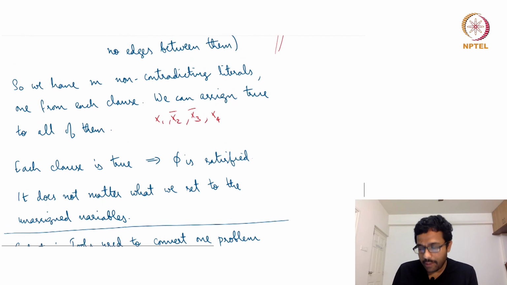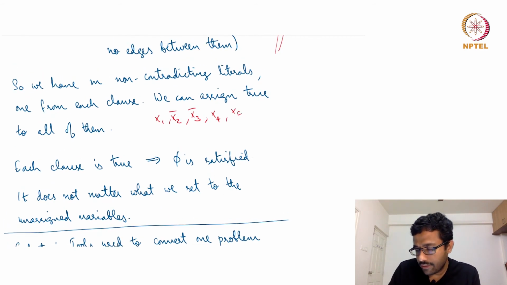Perhaps the Boolean formula also has a variable x5 which is not set to true or false, but it doesn't matter what we set it to, because just from x1, x2, x3, x4, every clause will be set to true.